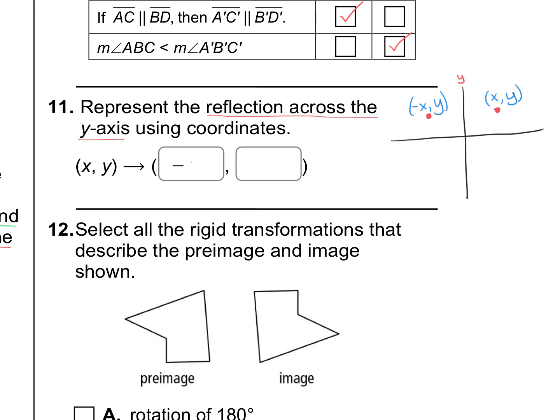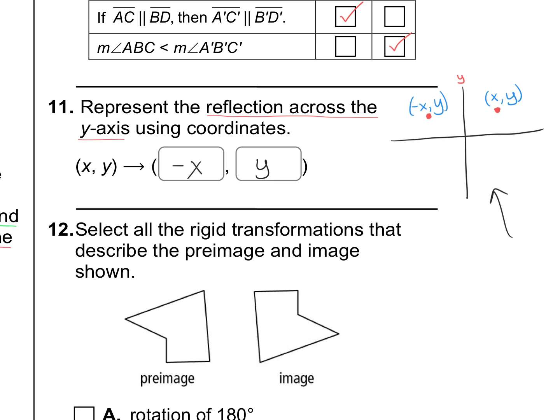So it turns into negative x. What happened to the y? Stayed the same, so you keep it as y. Okay. What would a 180-degree rotation rule look like? What happens to the original coordinates? Both go negative. They both switch signs, right? Do they switch spots? No, they just switch signs, both of them. Okay, good. So yes, I highly recommend drawing pictures to help you out with these.